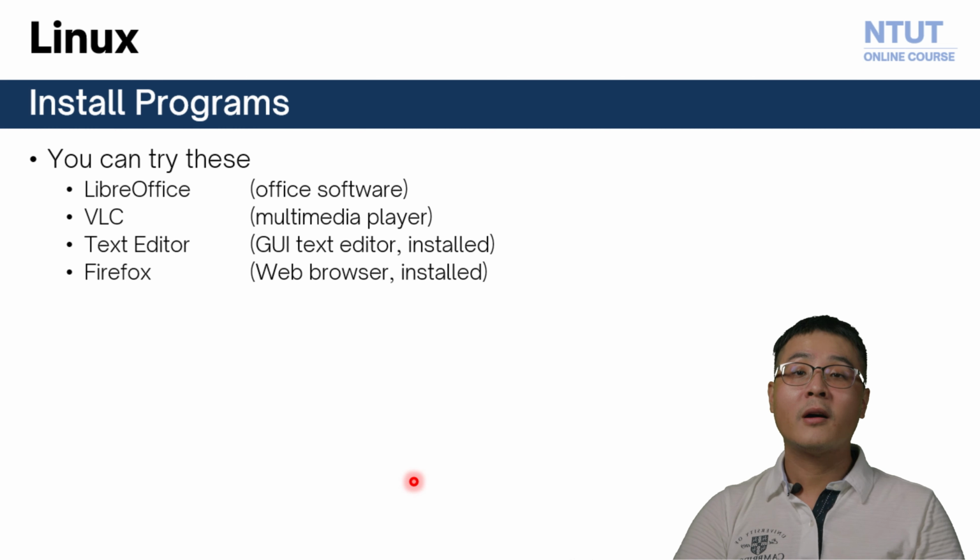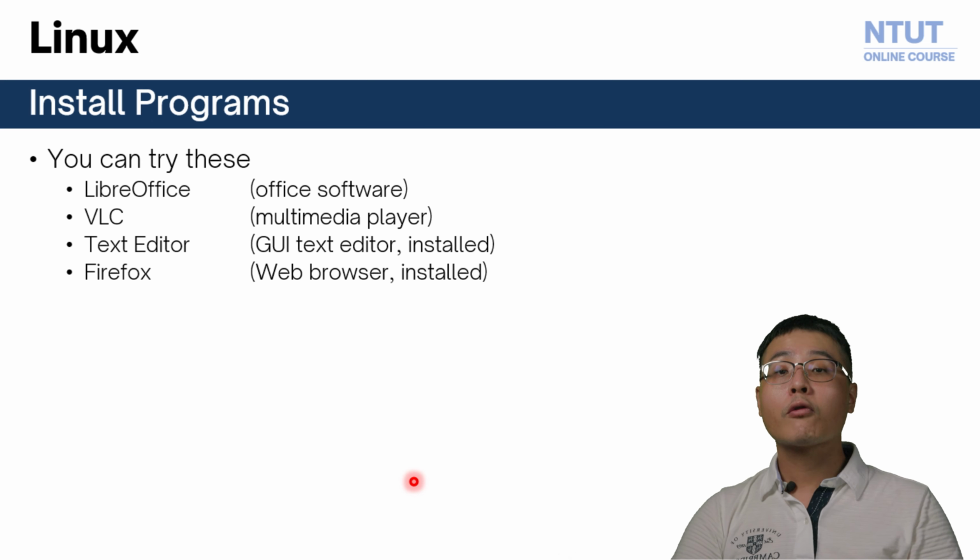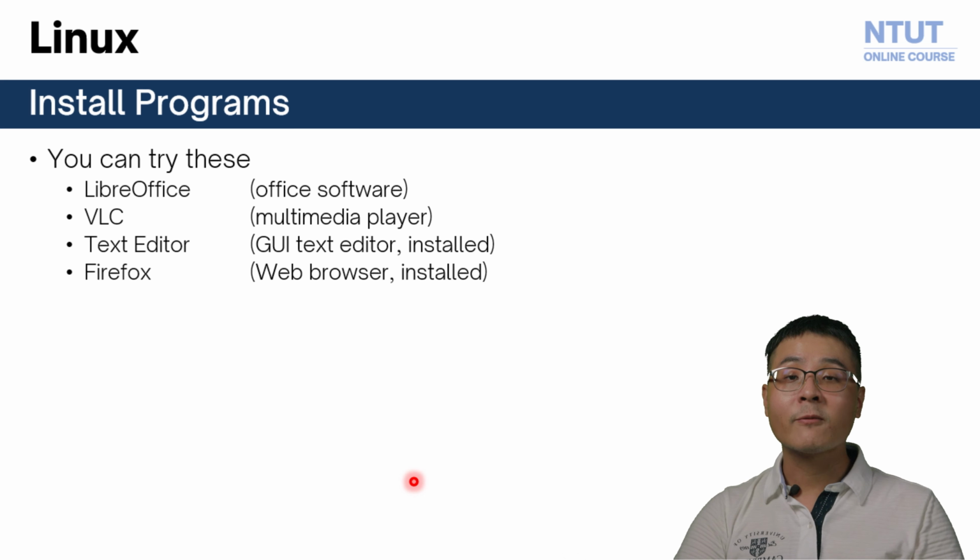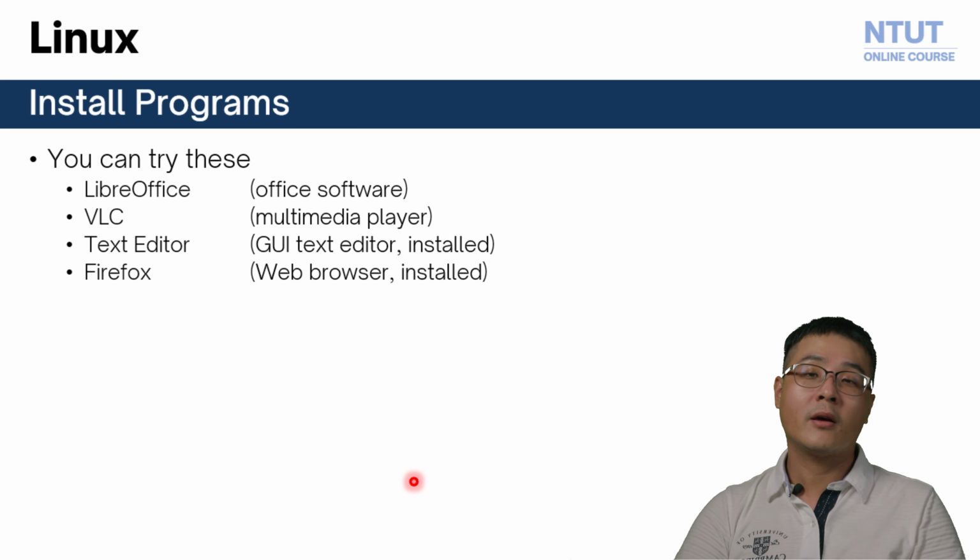You have a GUI text editor, which is a pre-installed tool, and you have Firefox for web browsing, and also it is a pre-installed program. You can find it in the Ubuntu system.